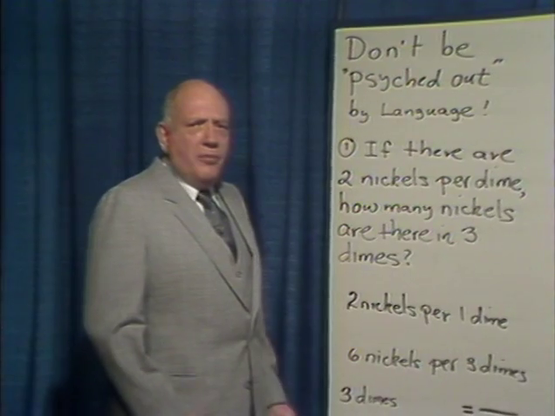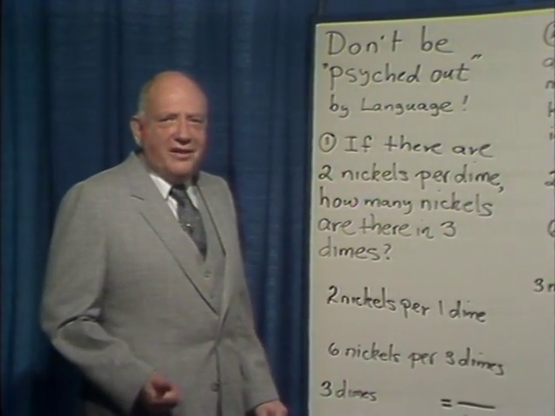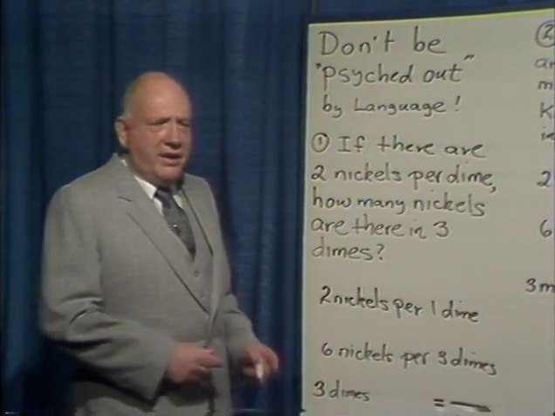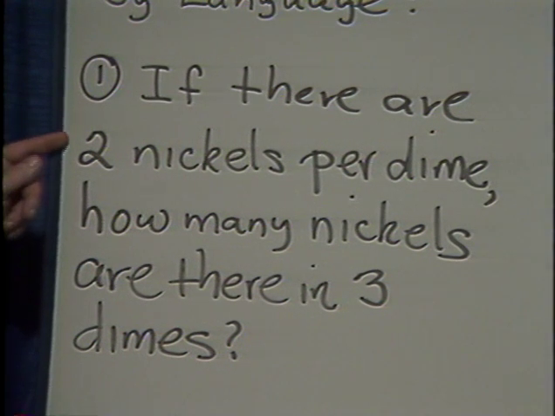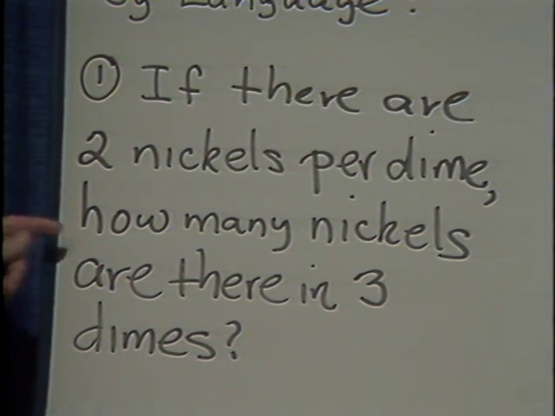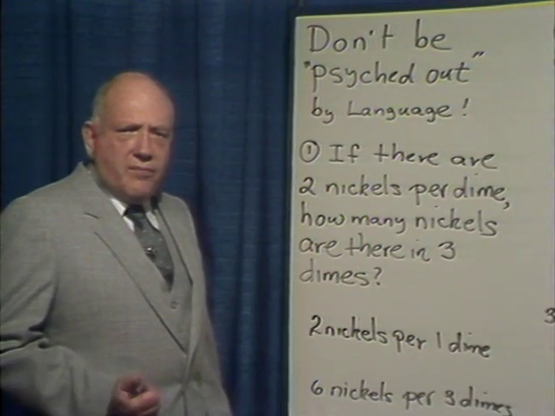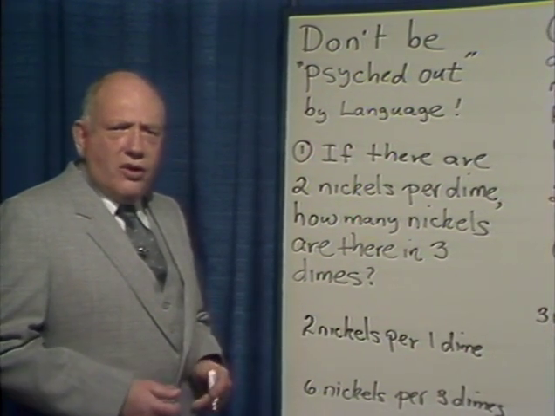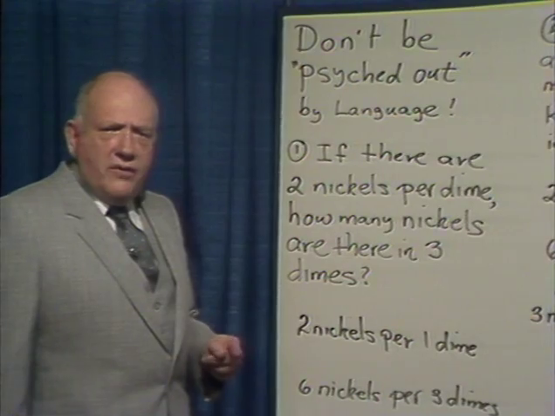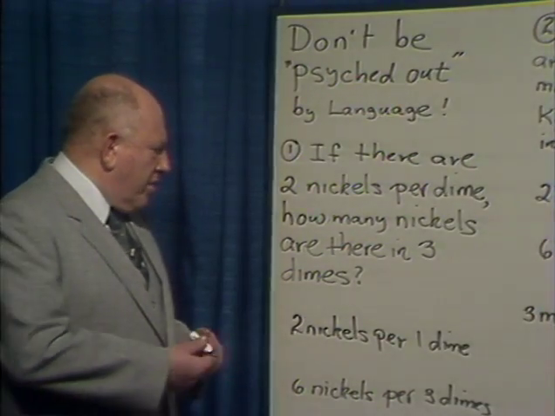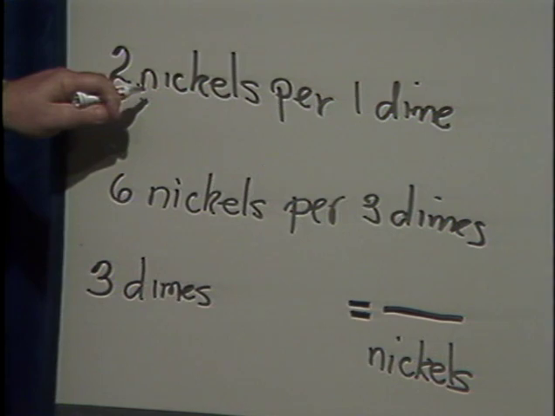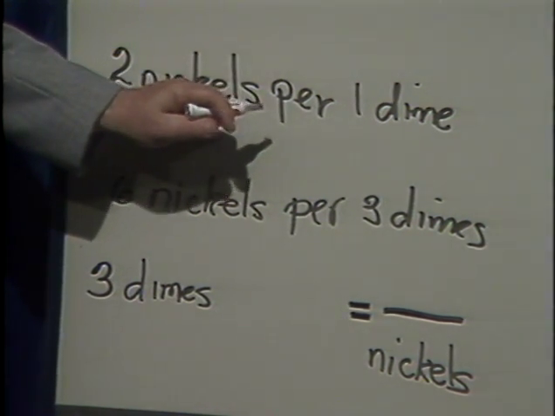Let me give you a problem that's certainly beneath your dignity to do right now, but there's a point I want to make here. The first problem says, if there are 2 nickels per dime, how many nickels are there in 3 dimes? And I'm sure that you have the answer as being 6 nickels before I even finish the problem. There are probably lots of ways you could have done this, but in terms of reviewing what we've done so far in this course, one way is to observe that there are 2 nickels per 1 dime.